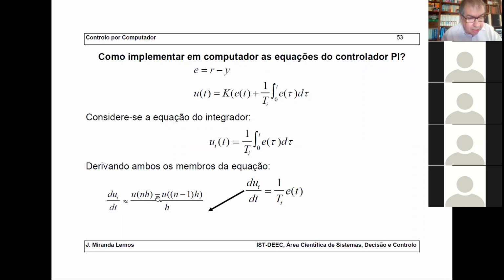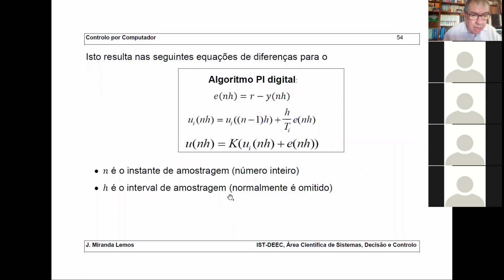There is an i missing here, I'm sorry, okay? So I plug this here, and I solve with respect to u_i of nh. So I end up with this expression. Now I leave the algebra to you, which is very simple, okay? It's very simple to see that u_i of nh minus u_i of (n minus 1)h, divided by h, is equal to 1 over Ti times e.